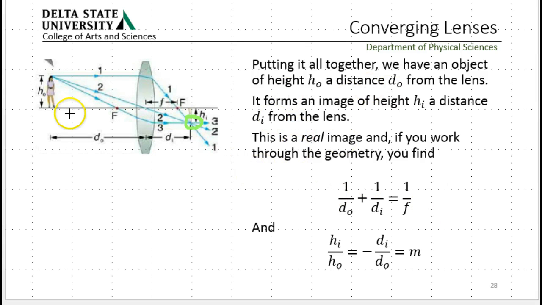The relationship between the height of the object, HO, and HI of the image is given by HI over HO equals minus DI over DO equals M. Why the minus sign? Well, what is the height HI, the height of the image, in this picture?